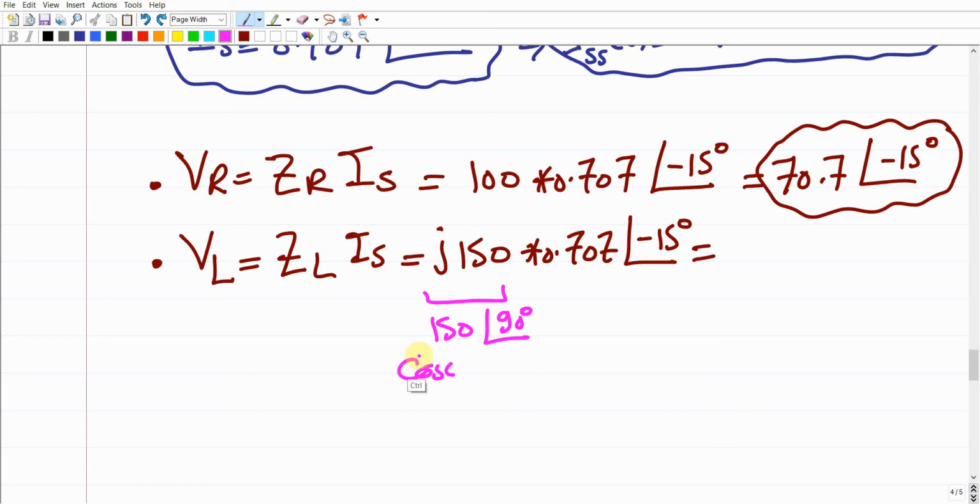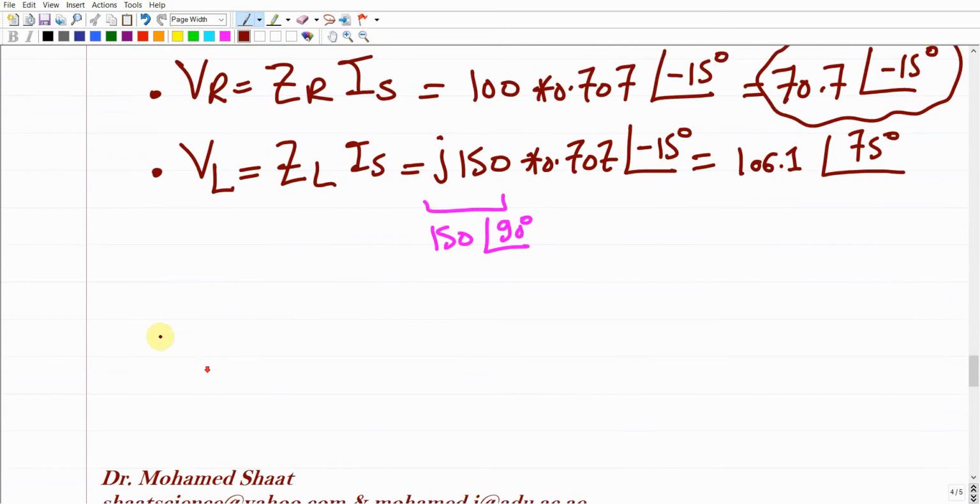So we multiply 150 times 0.707. This is going to give us 106.1. And the angle, your objective is just to sum the two angles. 90 plus negative 15 gives 75 degrees. Make sense? So this is going to be the VL in the phasor form.